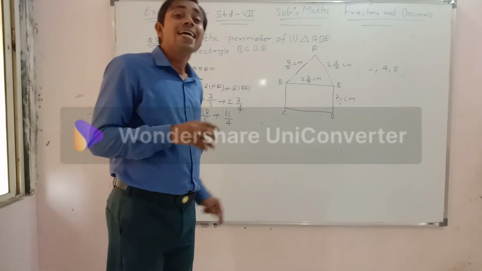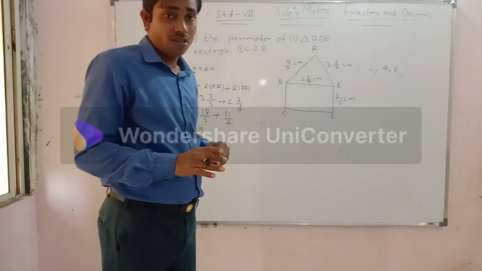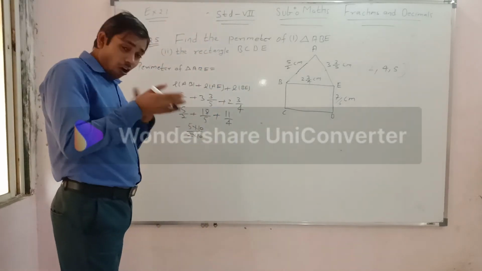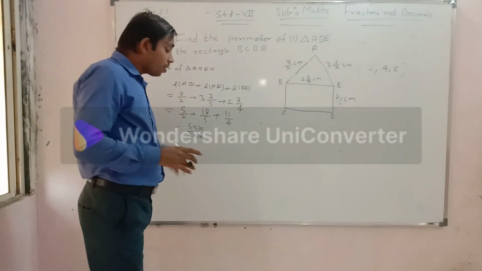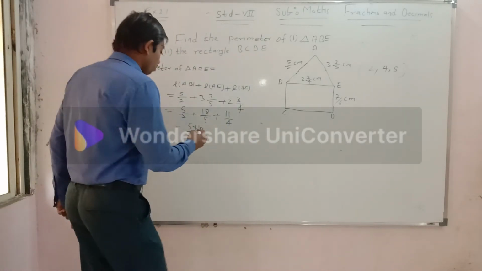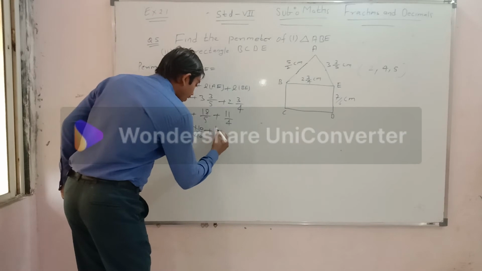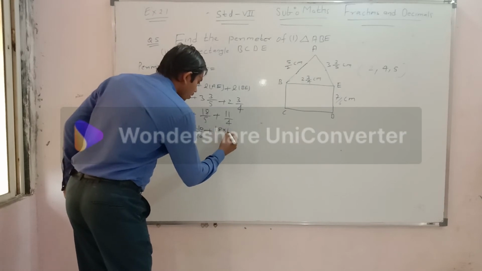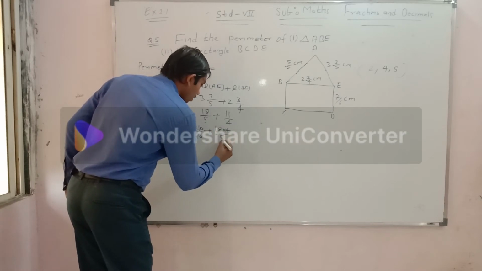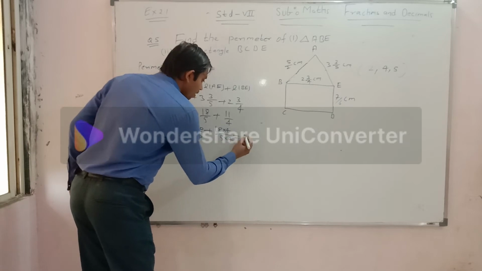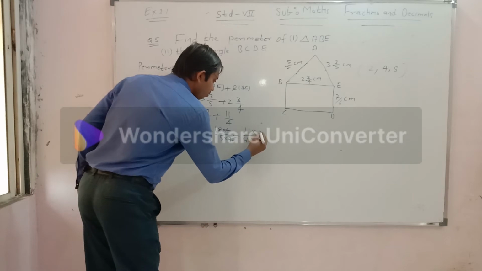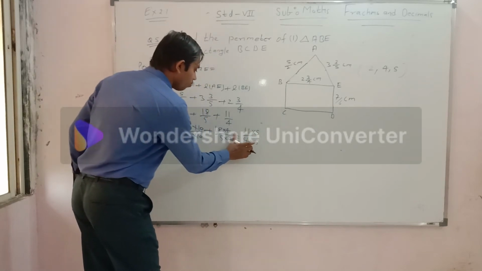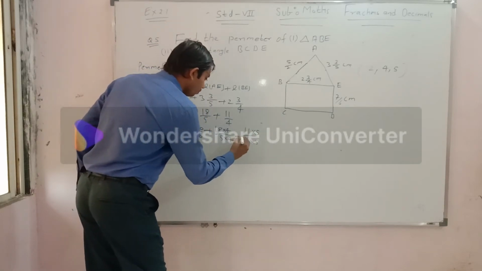Otherwise its actual value will change. So to avoid altering the sum, we must multiply the same number in both. Now come to the next one, 18. Here 4 multiplied, here also 4 multiplied, is equal to 11 by 4 multiplied, here also 5. Sorry, there is a plus sign.